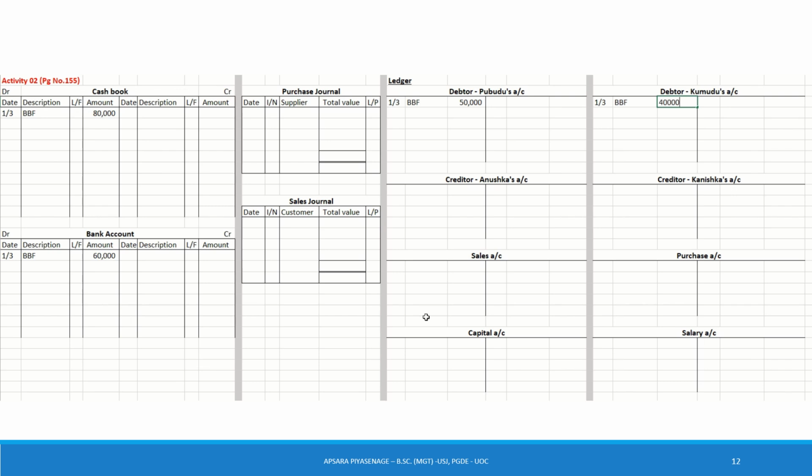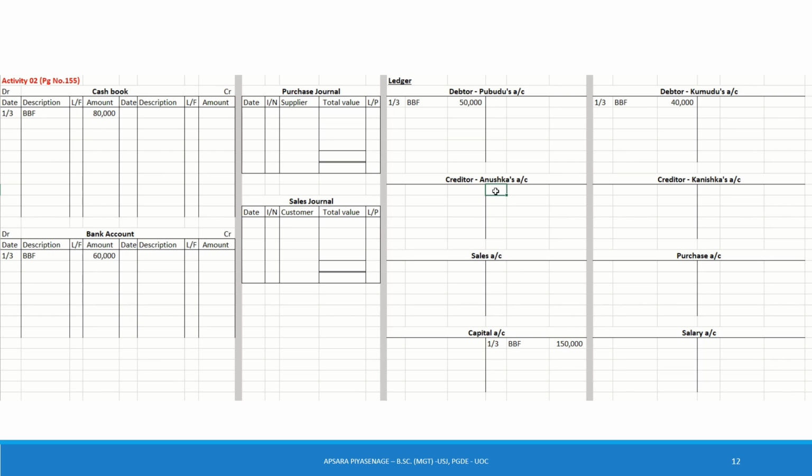Then capital, in capital account, there's a balance of 150,000. That should be in credit side. Then there are two creditors, Anushka and Kanishka.